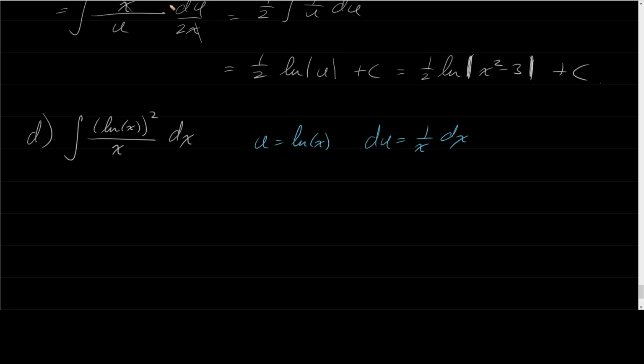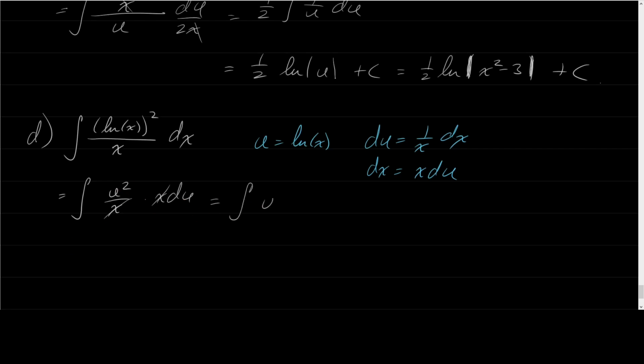So now, what does this do to our problem? If du is equal to 1 over x dx, then dx is equal to x du. So now our integral becomes the integral of u squared over x. That ln of x was our u, and that x we didn't use for anything. Now dx is going to be x du, so our x's cancel each other out.